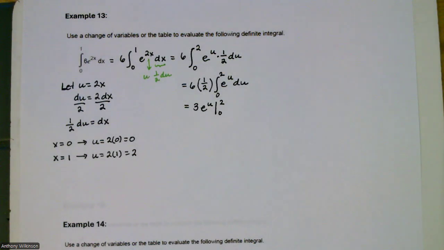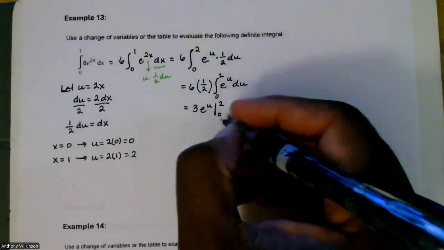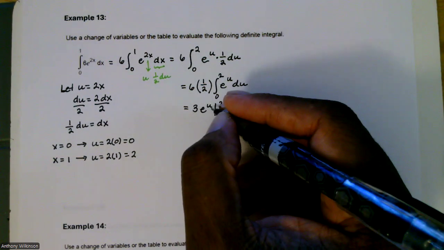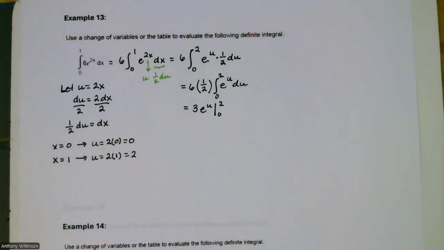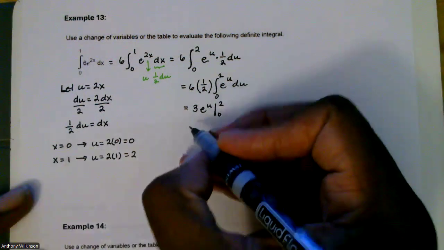As you see here, I'm not replacing that u with that 2x here, because from 0 to 2, that's going to be in terms of u. Those are my limits for the u right here. And from here, I can go ahead and do the upper limit minus the lower limit.